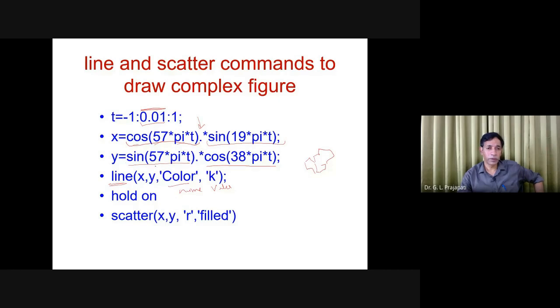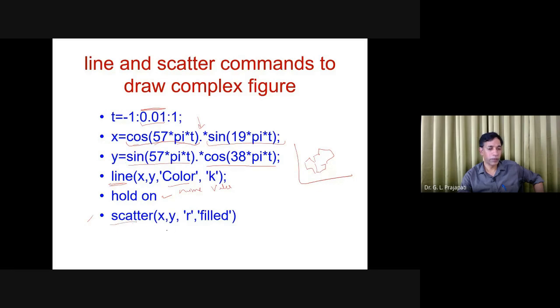Now in the same axis, you want to construct the scatter plot. So that's why you have to use the hold on function. This is the requirement. Once you say hold on, it means in the current axis you are going to construct this second graph, and this is the scatter one.